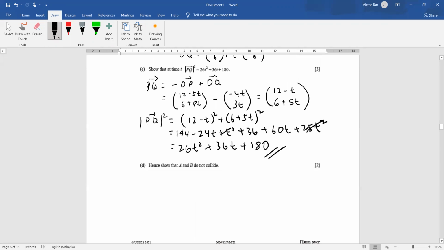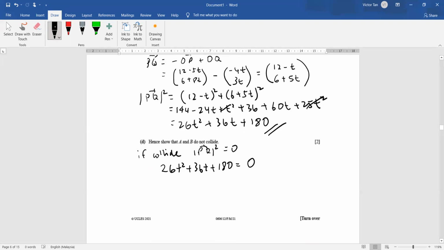Okay, so if they collide, PQ squared will be 0. That means the distance between P and Q will be 0. So 26t squared plus 36t plus 180 equals 0. Now you need to show that this has no solution.